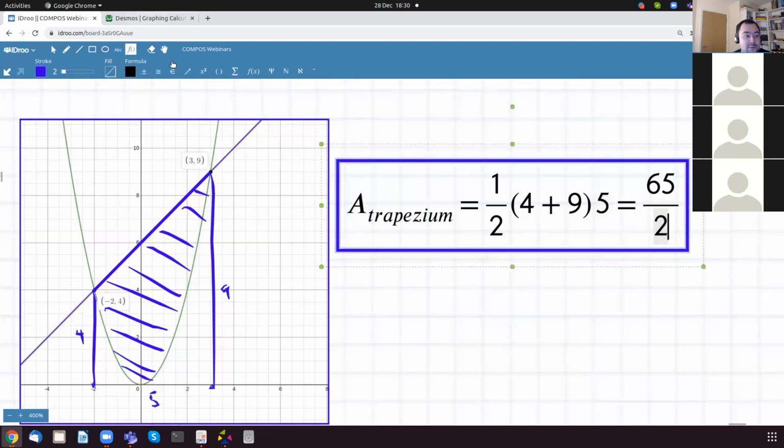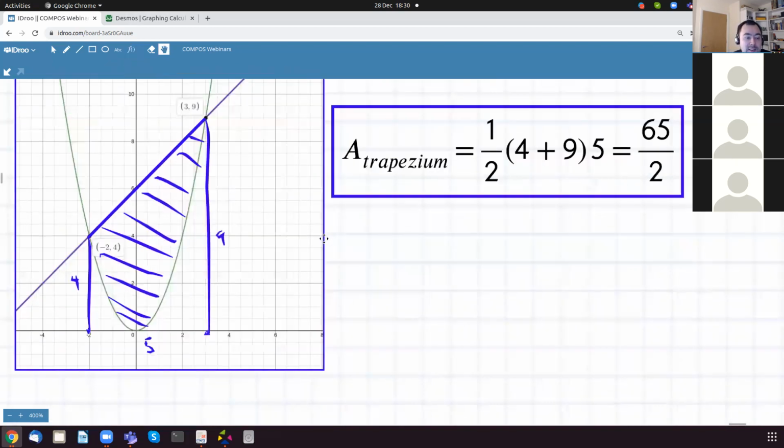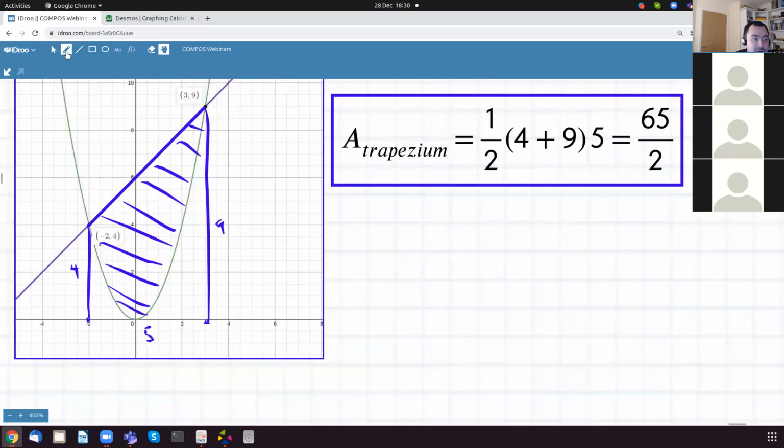That's the area of the trapezium. Now we need to find the area under the curve. The area under the curve is this area, and this is the integral.